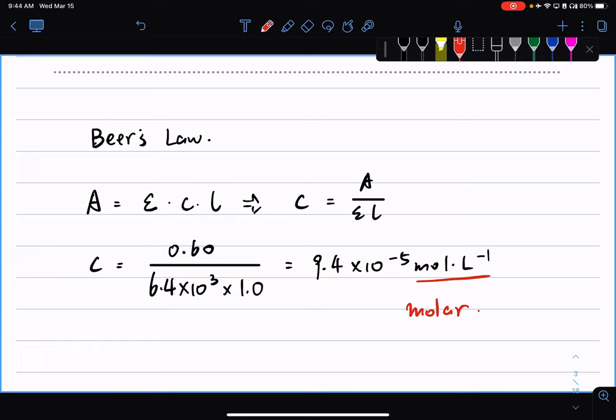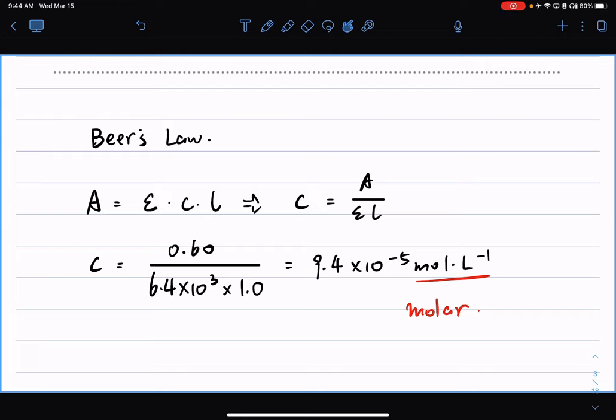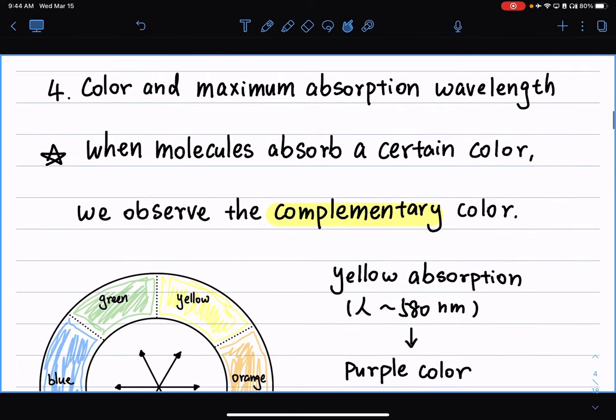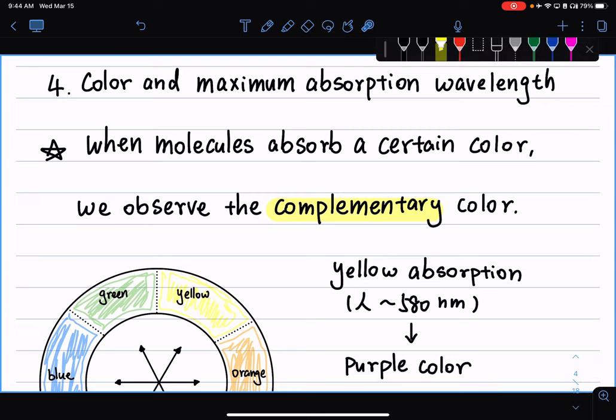All right, so that's traditional optical spectroscopy and its application in determining the concentration of a given solution. The last topic here is again color. This relates to our transition metal complexes topic, when we talk about color and the maximum absorption wavelengths.